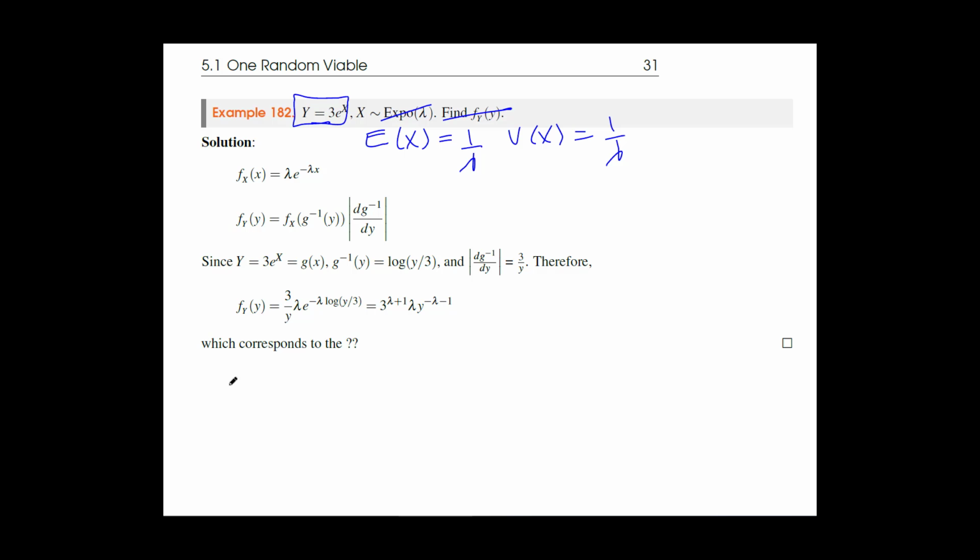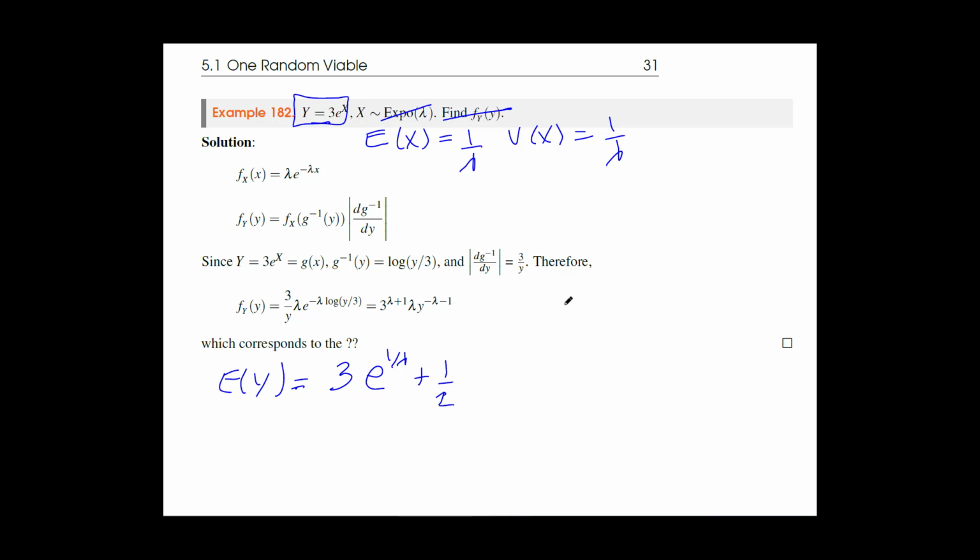So for the expected value of y, we apply the formula. First is the lazy approach. It's evaluating the function 3e to the x, and instead of x, we plug in the expected value of x, so 1 over lambda. That's the first term. And then comes the correction. Remember, it was 1/2 times the second derivative.